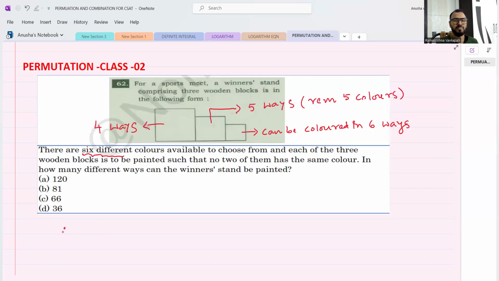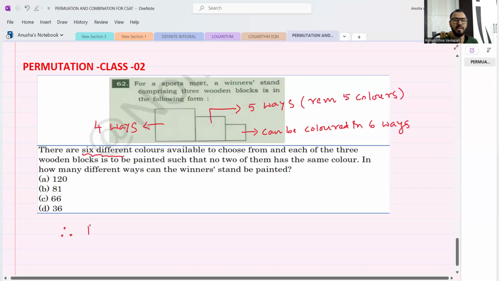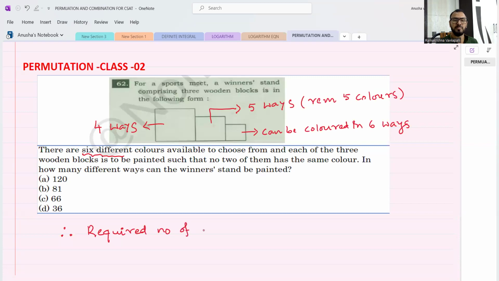So the required number of ways equals 6 into 5 into 4, which is 120. Option A is true. This question came in CSAT 2018.